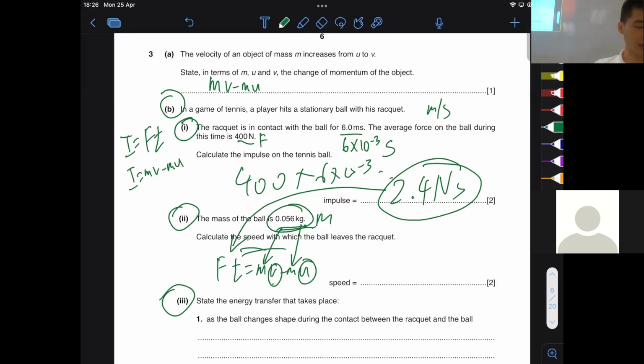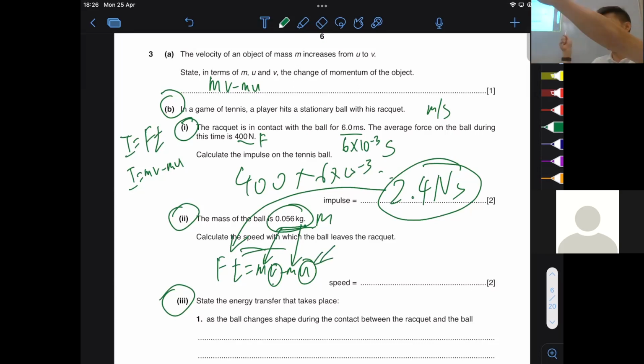If you imagine how the ball is hit, if you ever watched badminton or tennis or any sports related to rackets, right? The ball, when it hits, has to stop before it changes direction to the opposite direction, right? Meaning to say, either the final velocity is going to be 0 or the initial velocity is 0, depending on the situation. So from here, obviously you're looking for the speed, so I assume that the initial velocity will be 0.